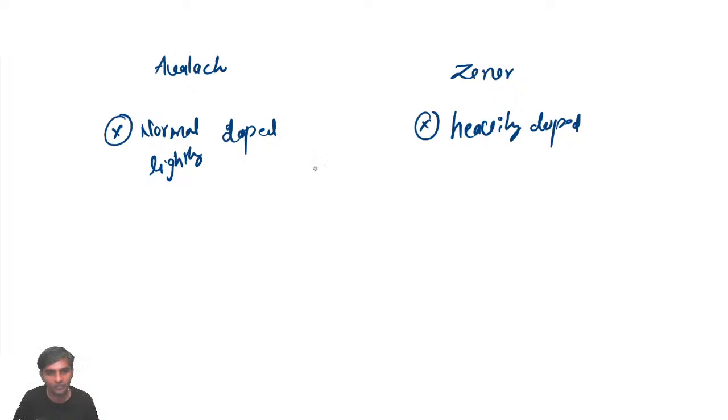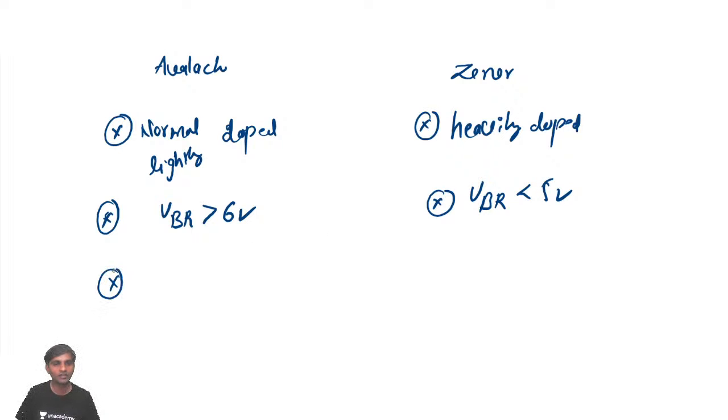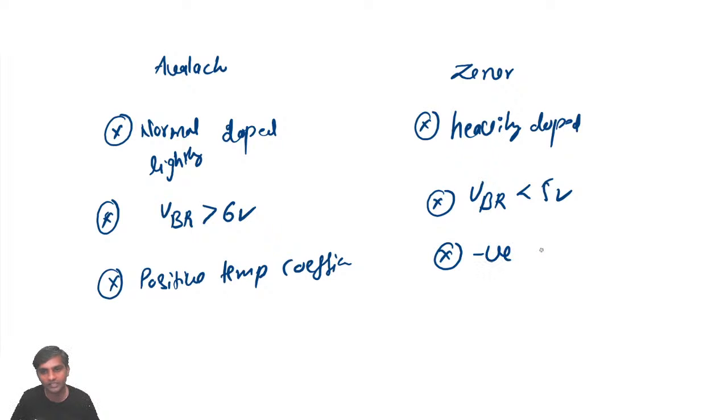Avalanche VBR is greater than 6 volts, and Zener VBR, the breakdown voltage I'm talking about, is less than 5 volts. Avalanche has a positive temperature coefficient, and Zener has a negative temperature coefficient.